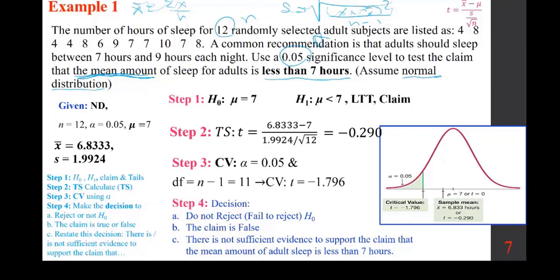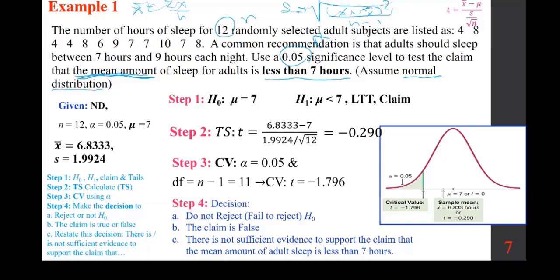When it comes to the p-value, I want to explain that here. If I'm interested in finding the p-value, I first look at whether it's a left tail test or right tail test. Obviously, this is a left tail test, therefore it's to the left of the test statistic. With the traditional method, what did I do?